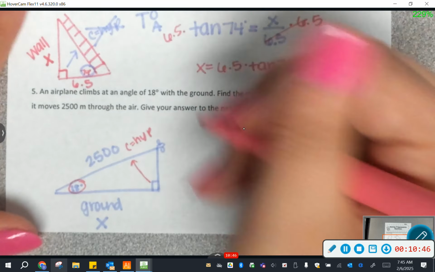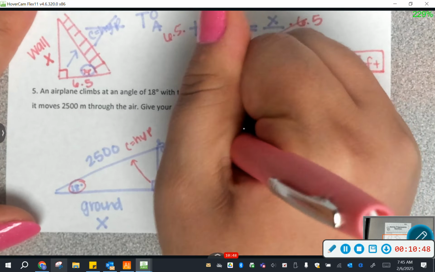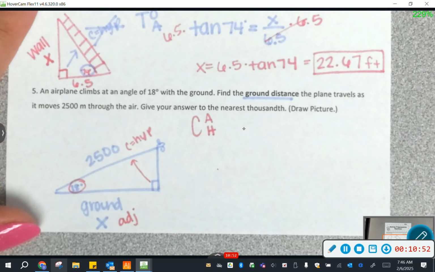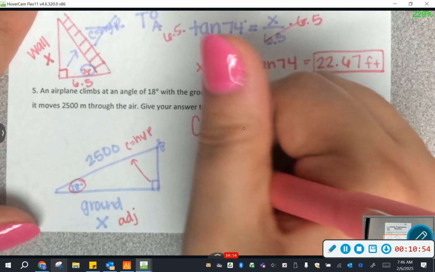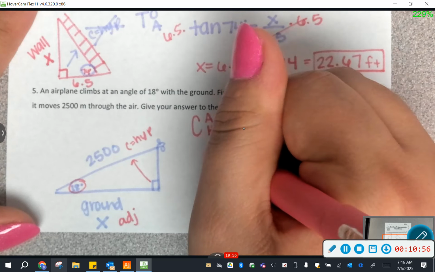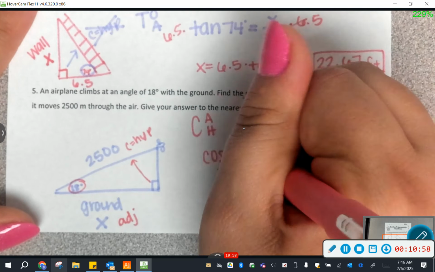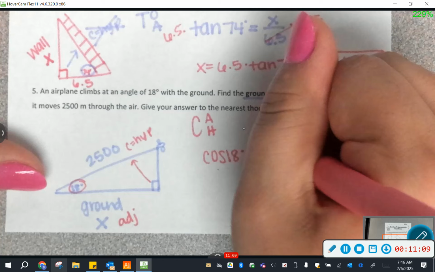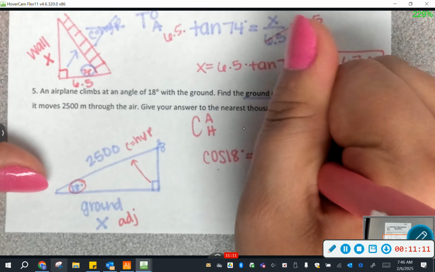How come it's CAH? Because I have an adjacent and the hypotenuse. So what is the cosine of 18 degrees going to equal? CAH is A over H. X over 2,500.